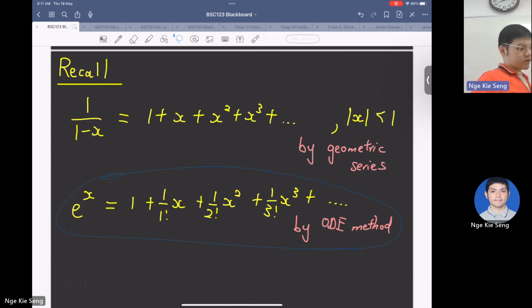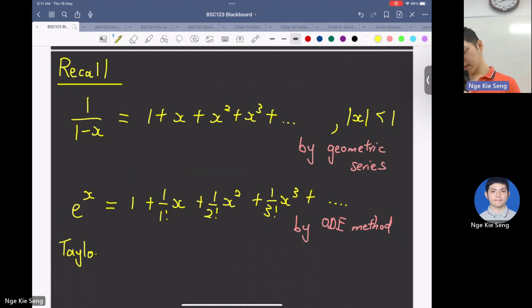And then we introduced the Taylor series. People were curious why we can express a continuous function in terms of a power series. Later people found that the coefficient actually represents the n-th derivative of the function.